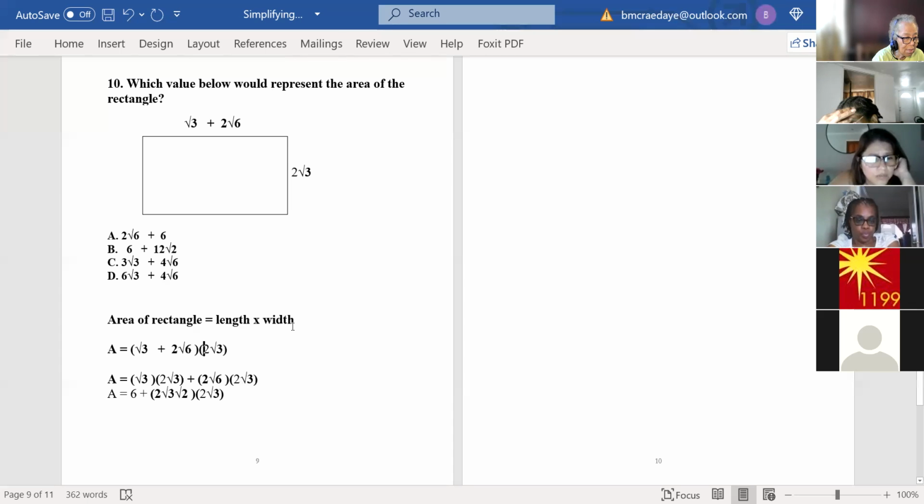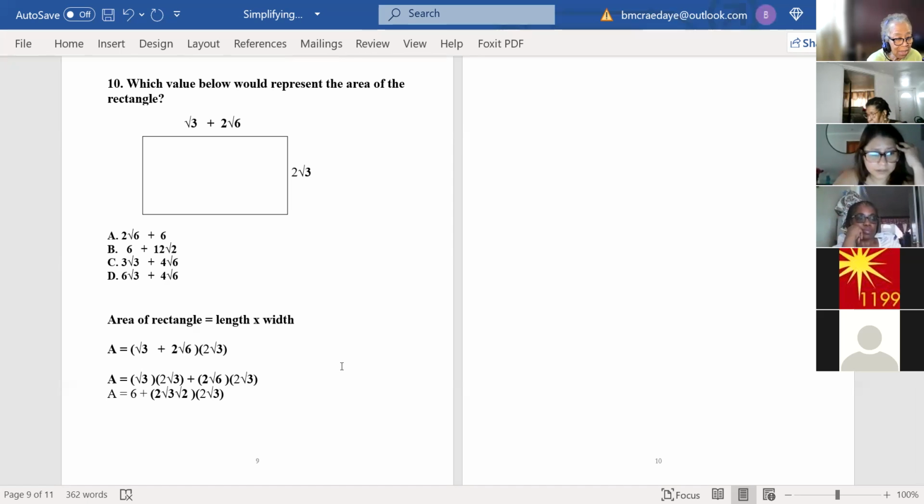How come we can't multiply the square root of 3 times 2 square root of 6 first? You can't multiply them unless they're the same radical. I can't say 6 times 3 is 18. The 6 has to be broken down so it has a square root of 3. Then I can multiply it.